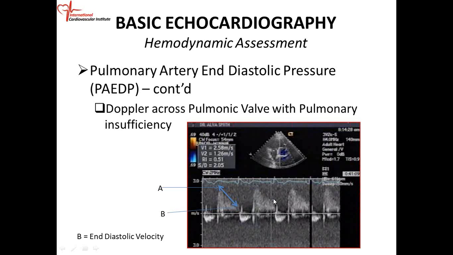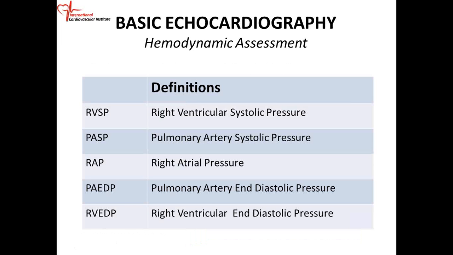A is your early velocity and B is your end diastolic velocity. And it's simple after that. You get your end diastolic velocity, you square it, you multiply it by 4, that's your gradient. You add the right atrial pressure to it, and that is your PA end diastolic pressure. These are just definitions for the terms we use.